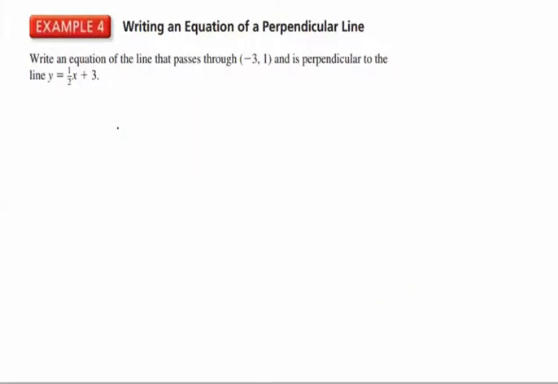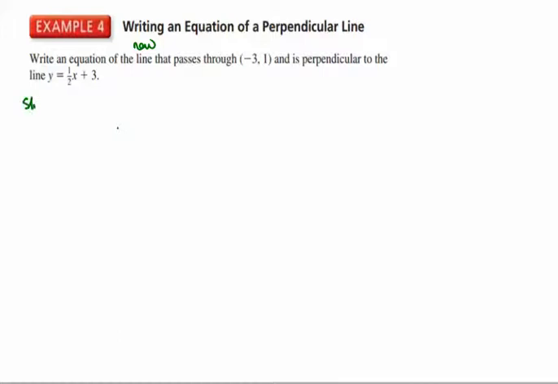With example 4, we want to write the equation of a new line. So first of all, it's important that you realize we're trying to find the equation of a new line. We're given an old line, and this new line needs to pass through the point -3, 1, but it also has to be perpendicular to the line y equals 1/2 x plus 3.